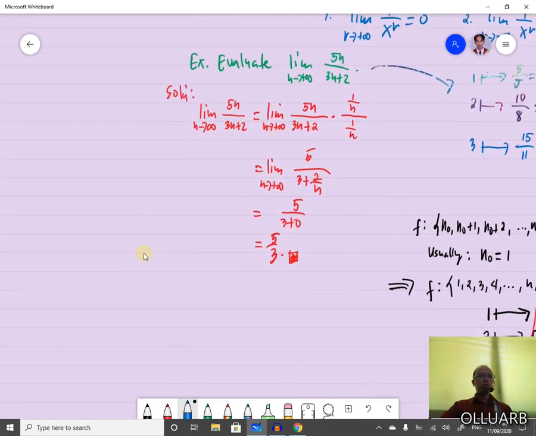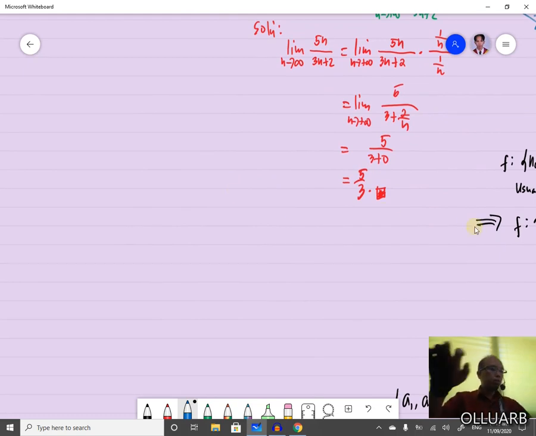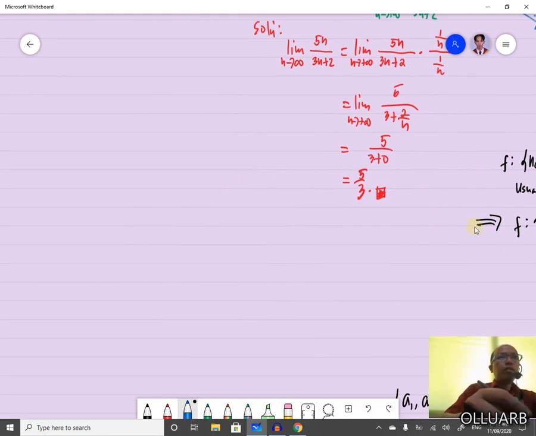But if you try to prove that the limit is really equal to 5 over 3 using the definition, let's answer this. If you recall your calculus 1, let's prove this using the definition.